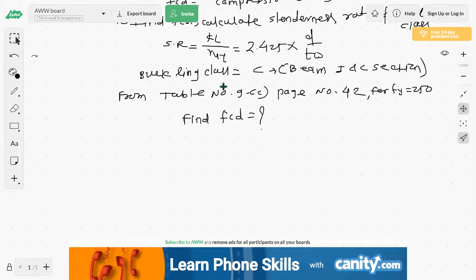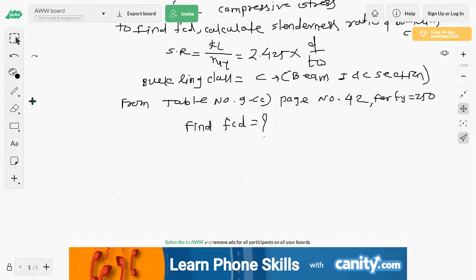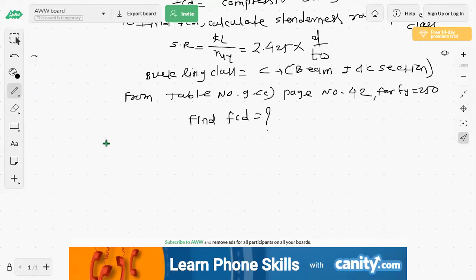Then here small b. Now we have to calculate small b, which is the check for web crippling. Web crippling is nothing but FWC.